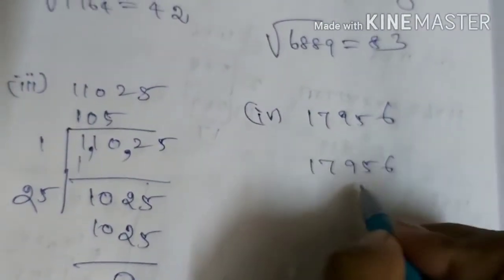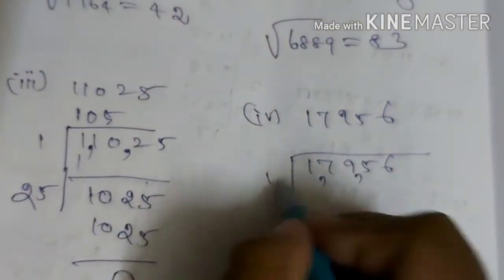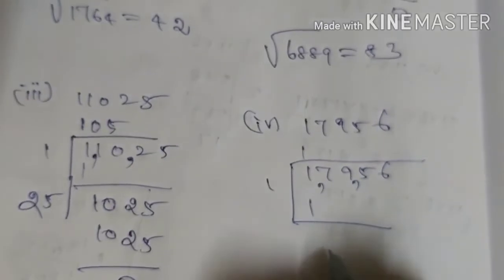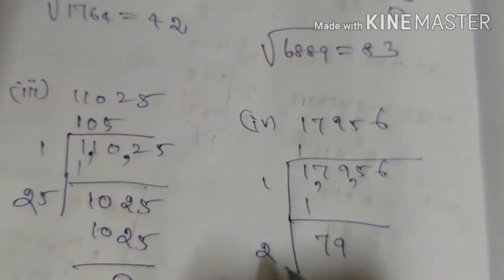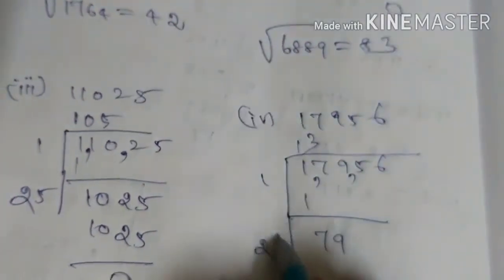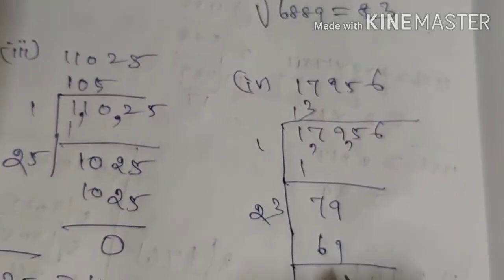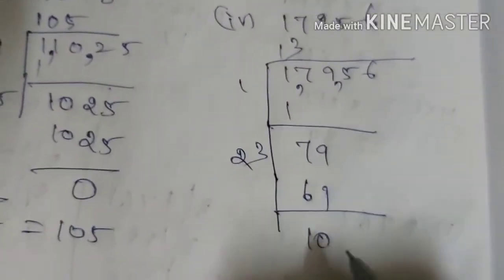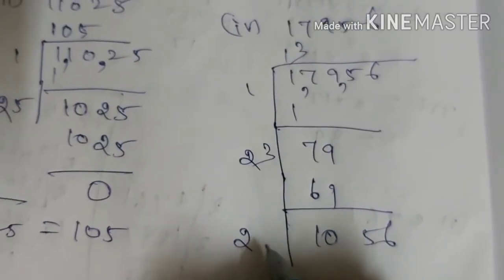Fourth one, 17956. Take the same long division method. 1 1s are 1. 79, 1 equal to 2 times multiply. 3 times 3, 9, coming is 3. So 3 23s are 69 only coming.